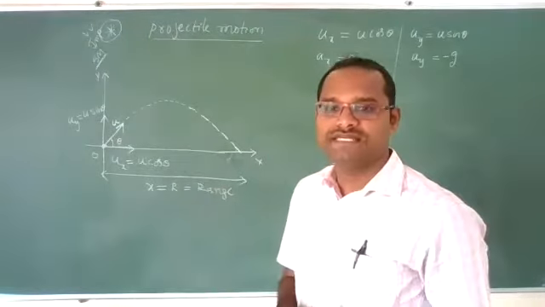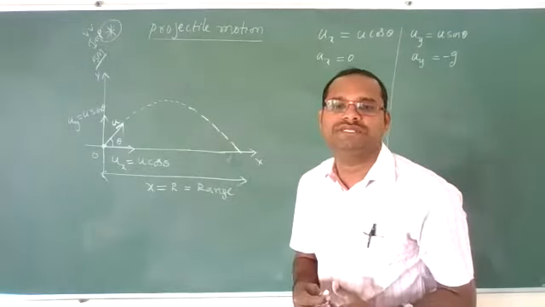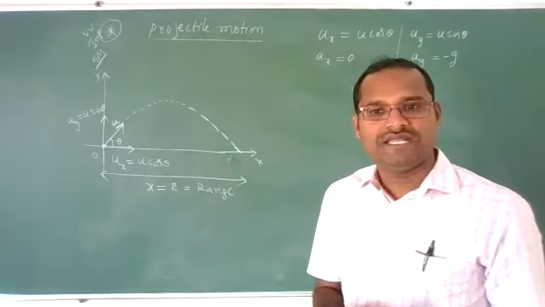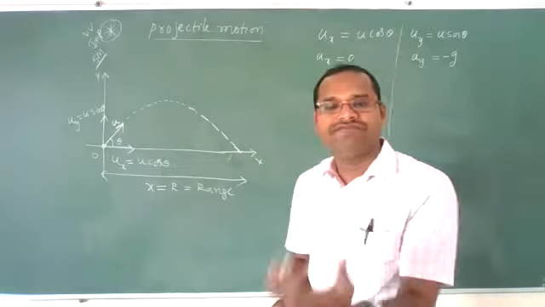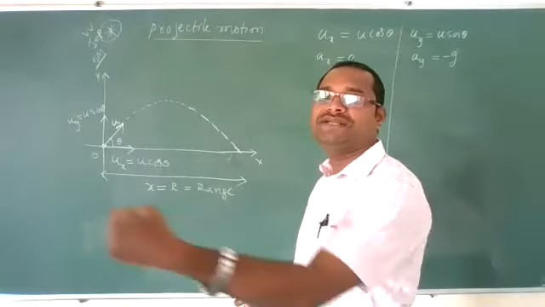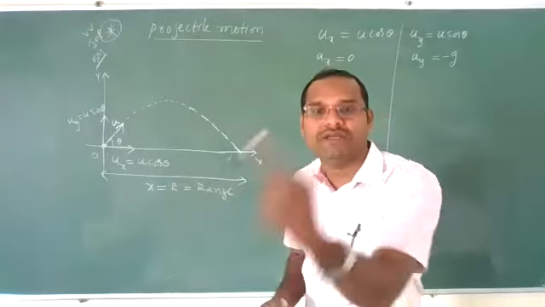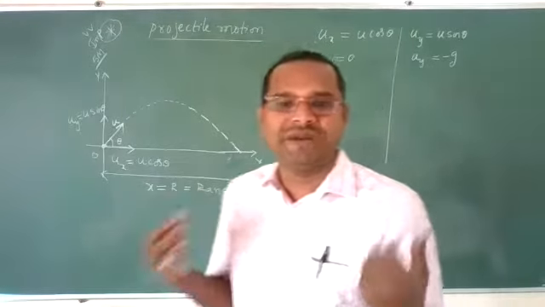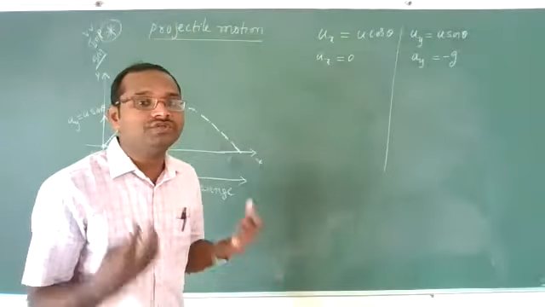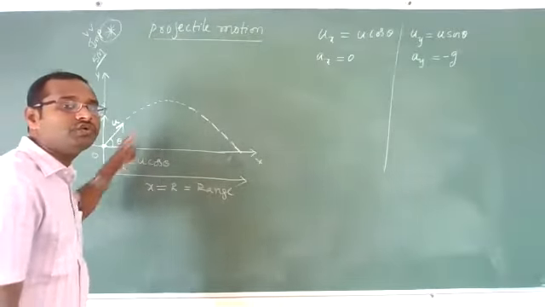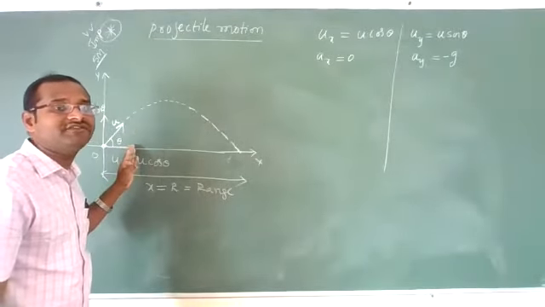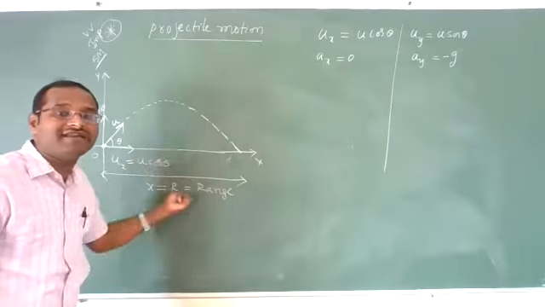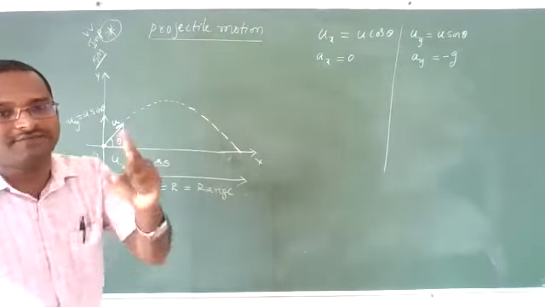They may ask what the range of a projectile is. The equation we will get, and definition-wise, it is the maximum horizontal distance a projectile can cover. A projectile is any object thrown with some initial velocity u at some angle theta with the horizontal under the effect of gravity.